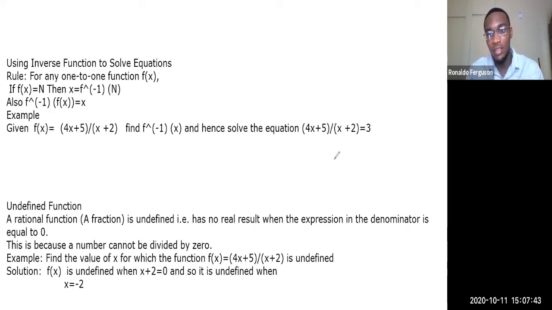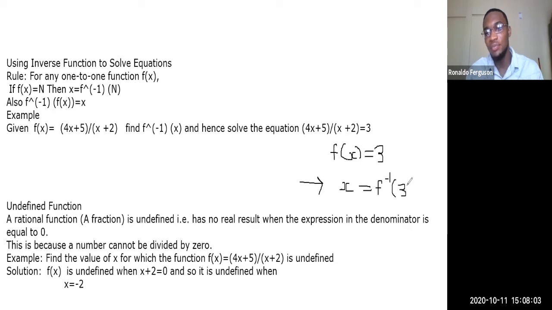So what they're telling us is that f of x equals 3. So solve f of x equals 3. If f of x equals 3, this implies that x is equal to f inverse of 3.